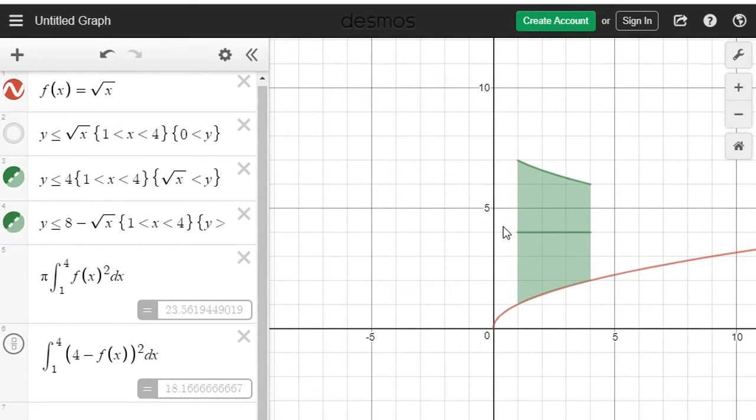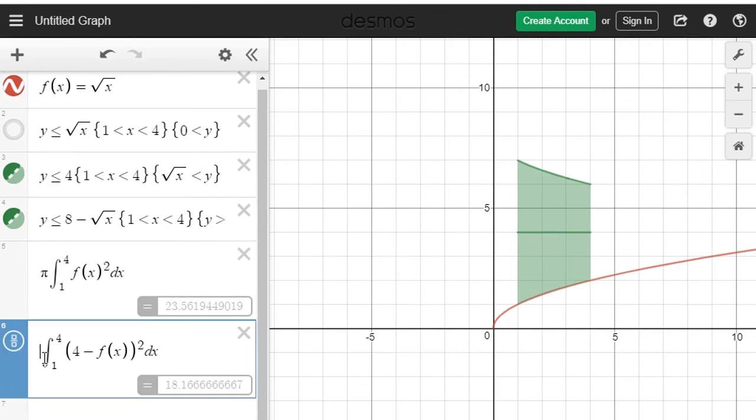But the smaller part is now going to be on the right side, and the wider part will now be on the left side, because when I'm looking at this area here, this part has a wider radius than this one, so as I rotate it around, it's going to end up looking a little bit different.